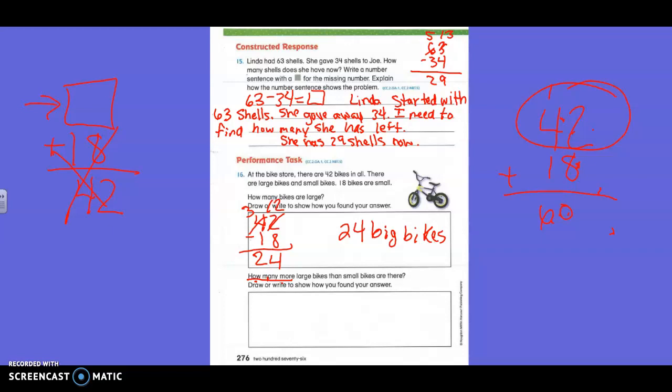So now we need to subtract the small bikes from the large bikes. How many big bikes were there? There were 24. How many small bikes were there? 18. Which number is bigger? 24, 18, Ivan? 24, so that needs to be our top number, right? And then we can subtract 18 because we said how many more means subtract.